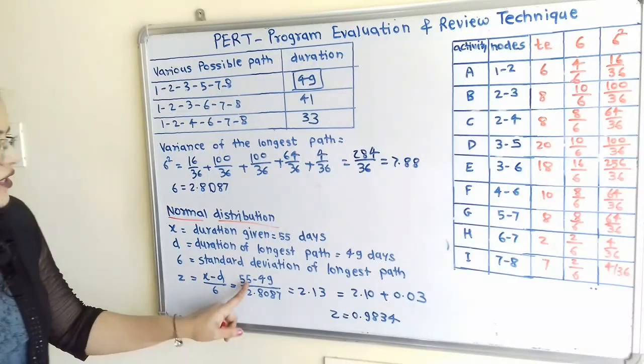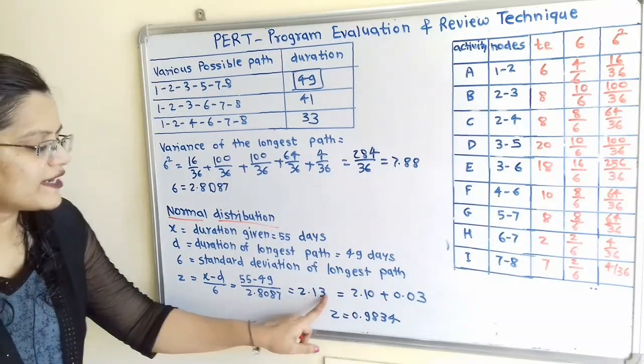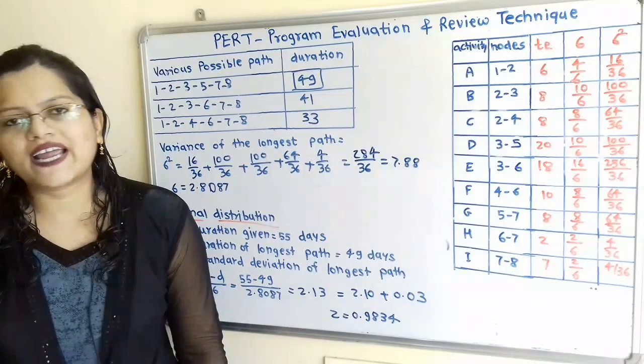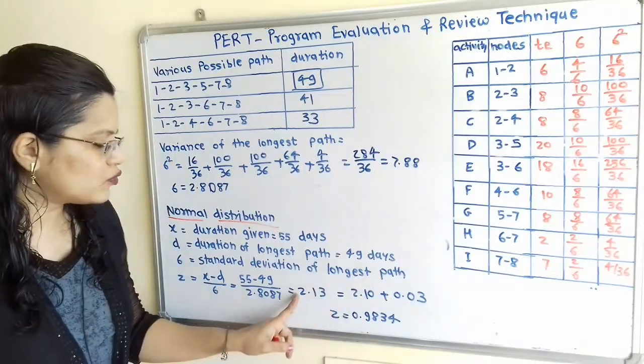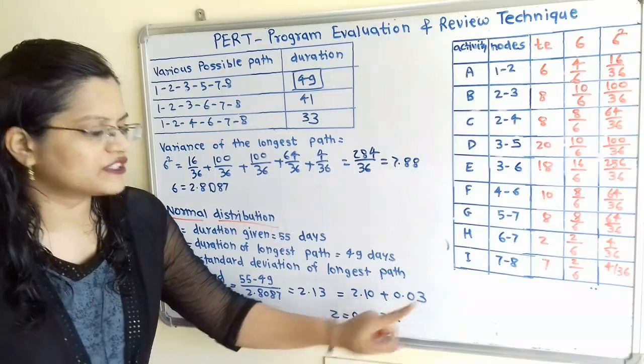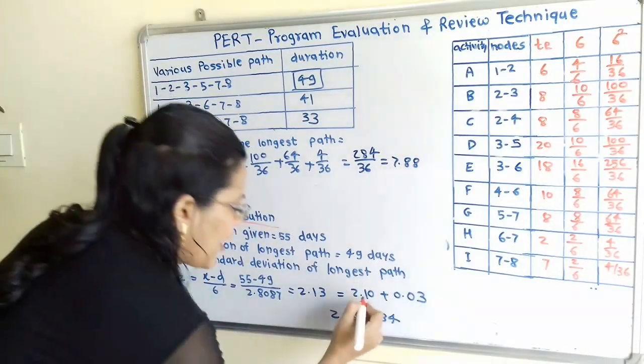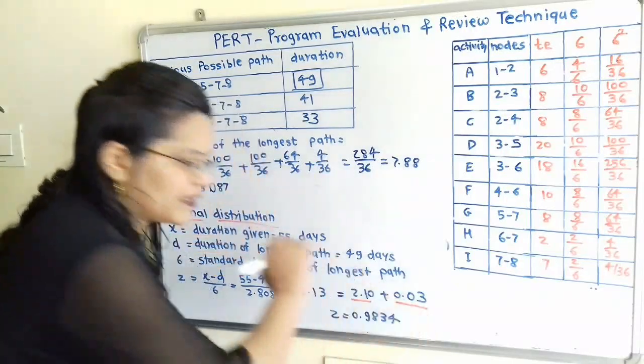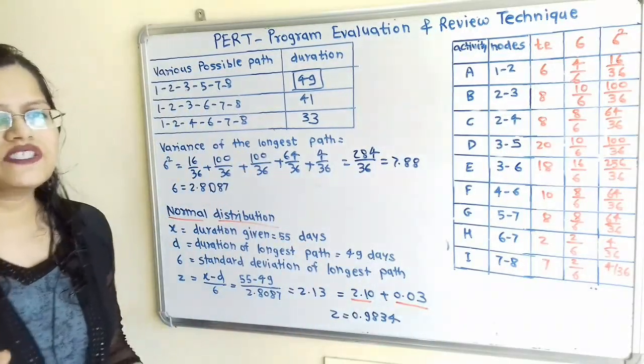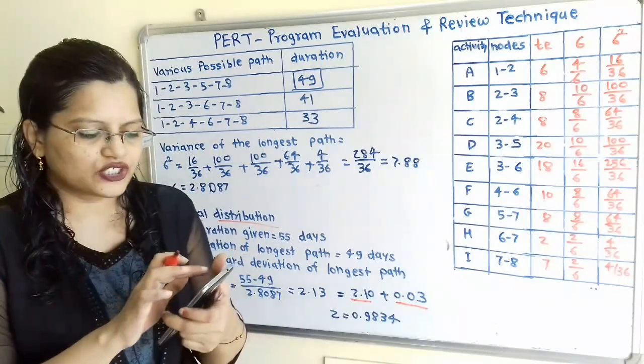When we calculate, we get the answer 2.13. We can write this value in a second way, 2.10 plus 0.03. Now why split this value? We have to split it this way because there is a chart we have to refer to.